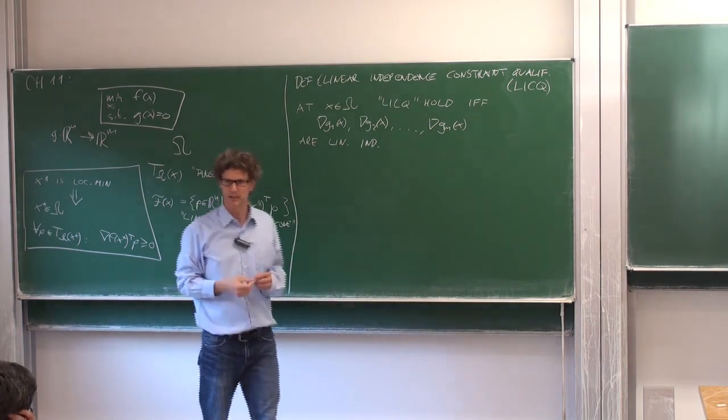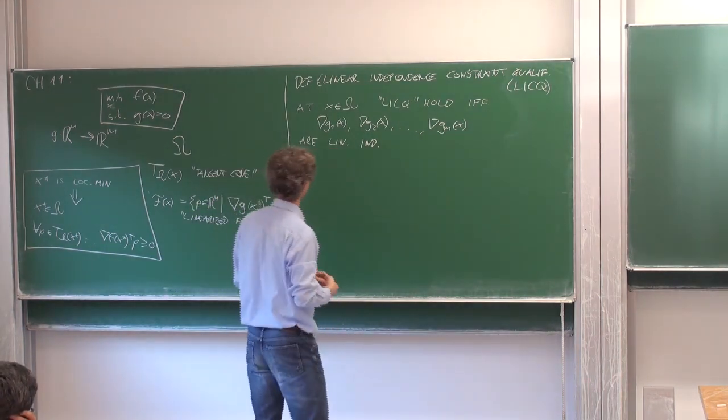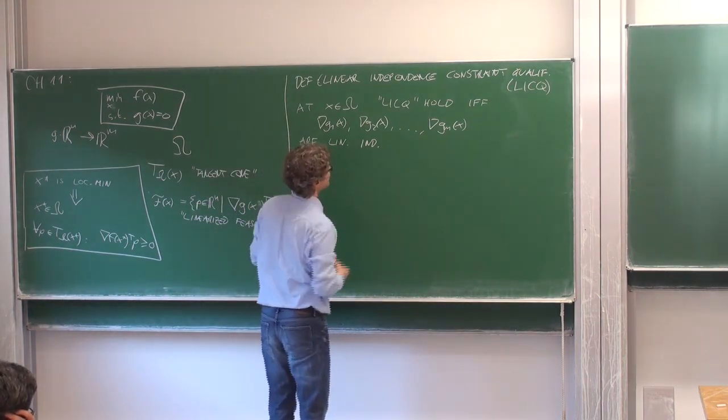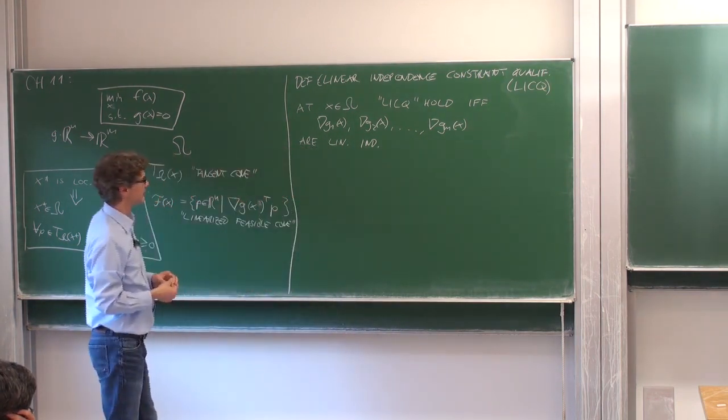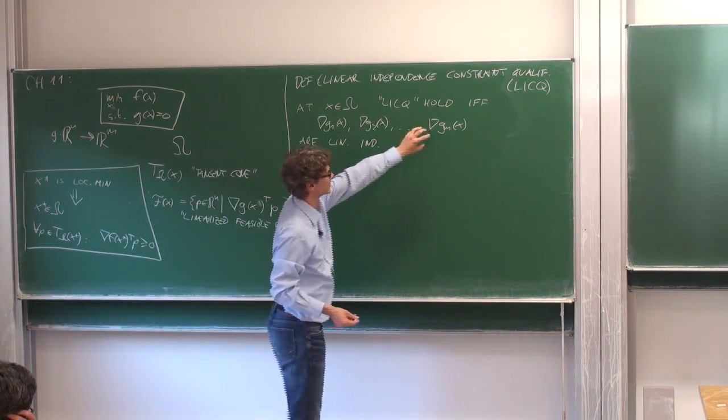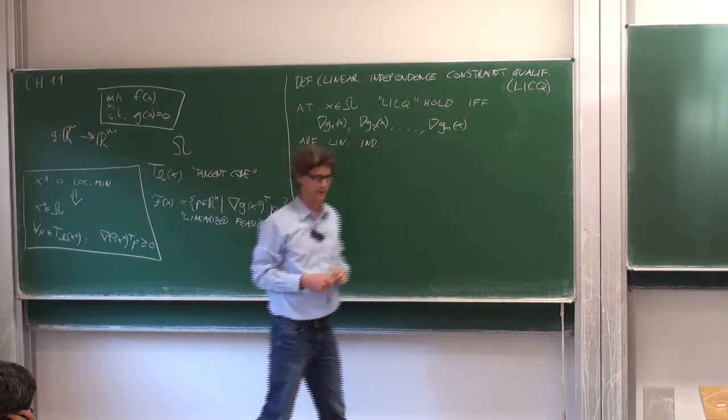What linearly independent means is clear. So if you want to find a linear combination of all these things which is zero, then all the coefficients must be zero.